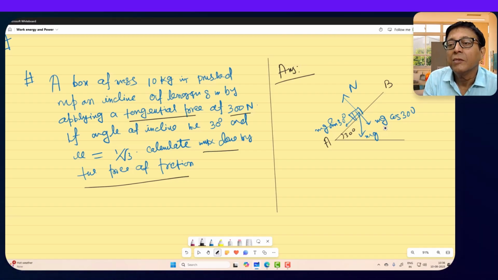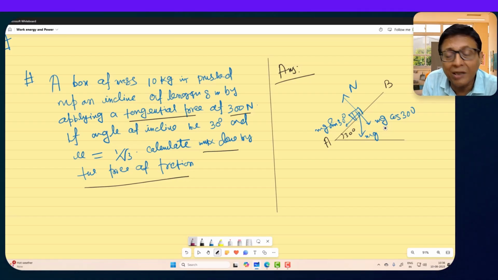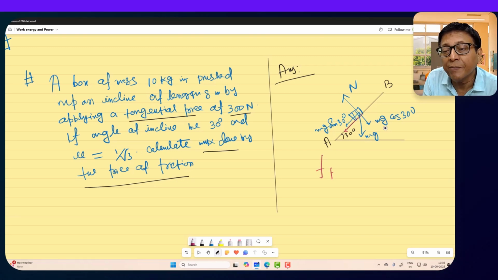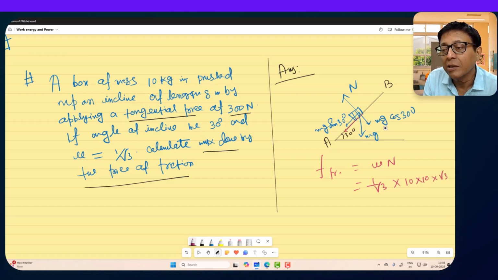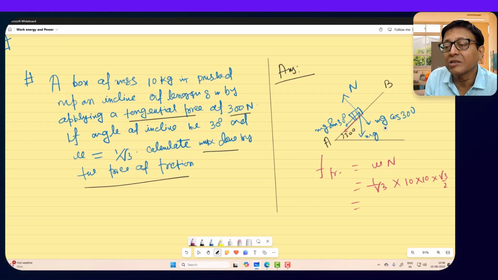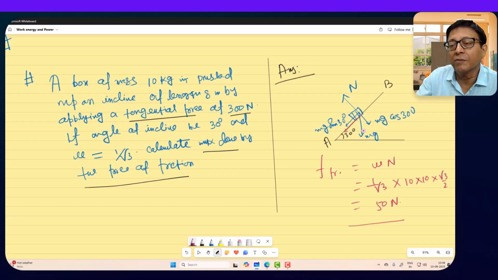Okay? The object is taken from A to B. Force of friction Fr will be mu into N. Mu is 1 by root 3 and 10 cos 30 is root 3 by 2. We take this into consideration, that is 50 Newton. This is the force of friction.